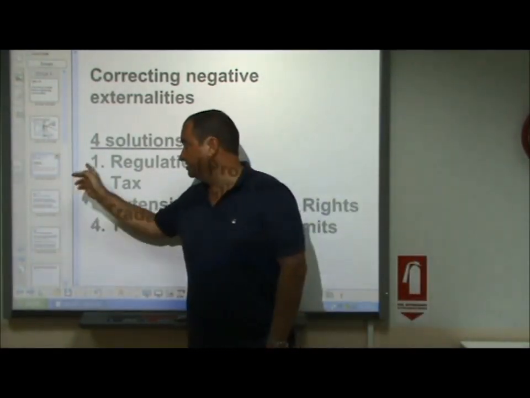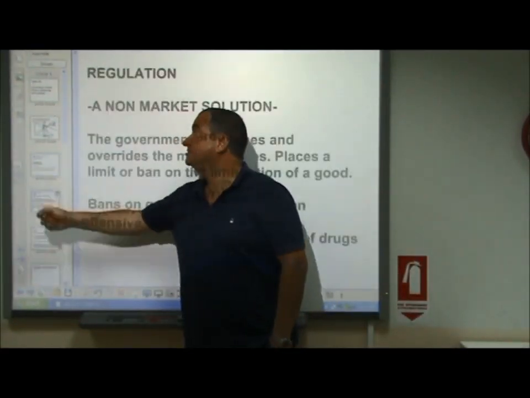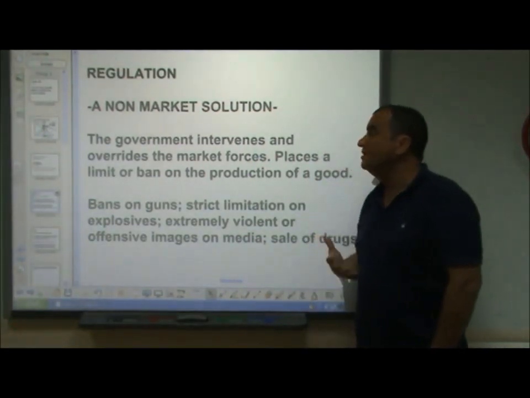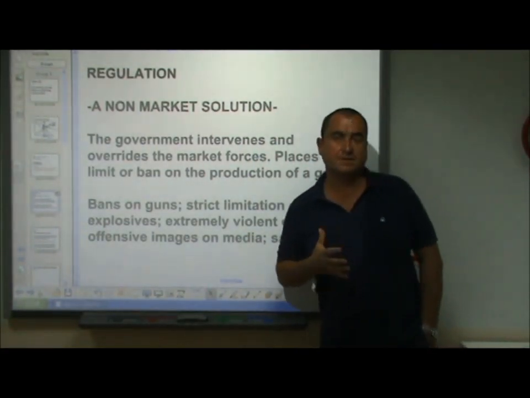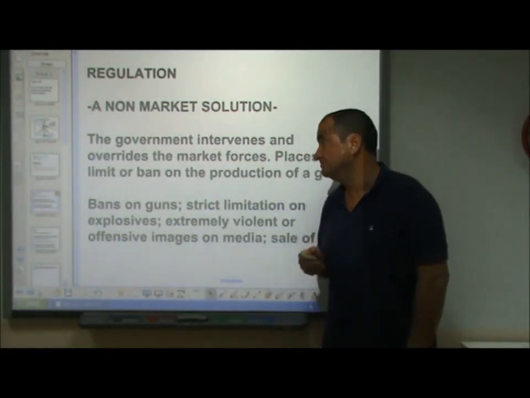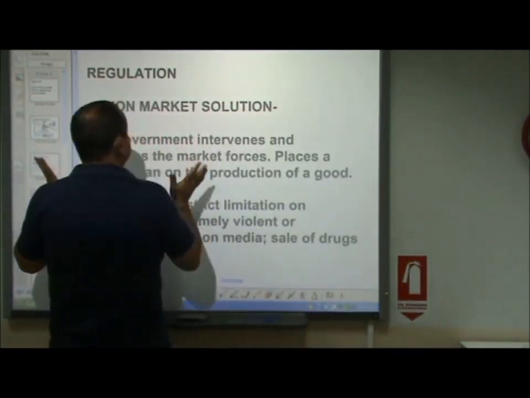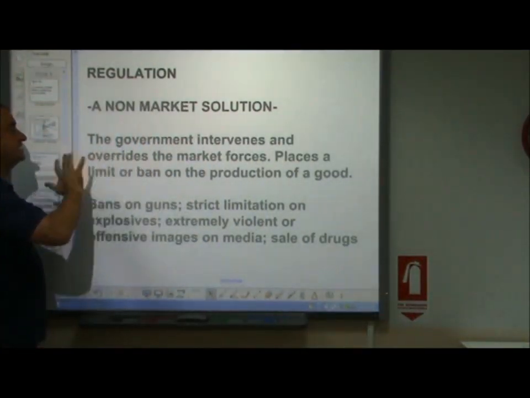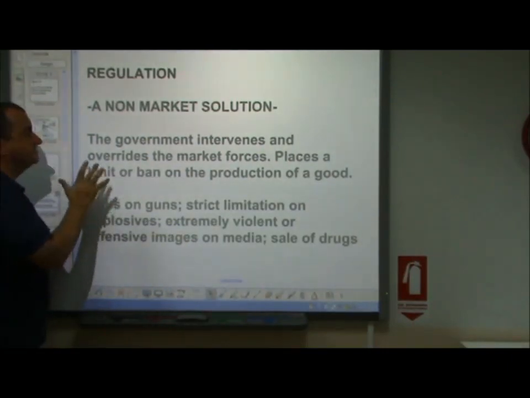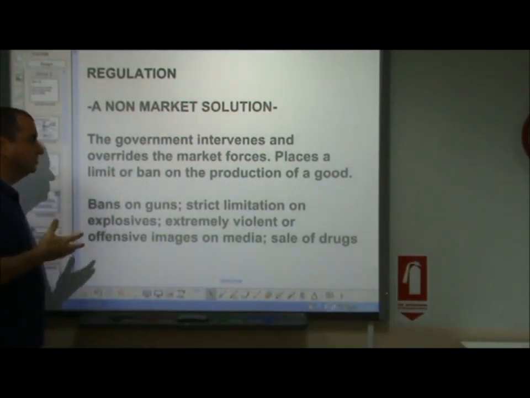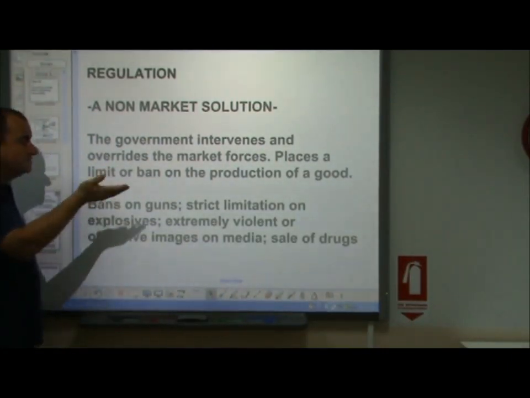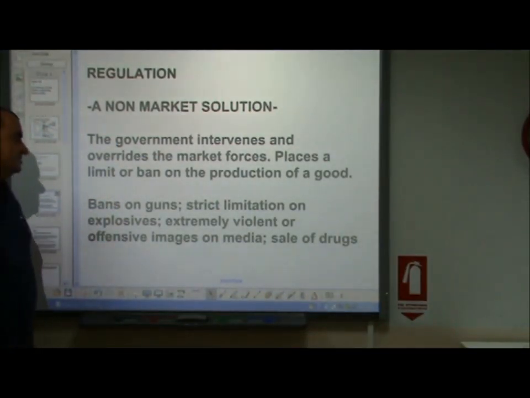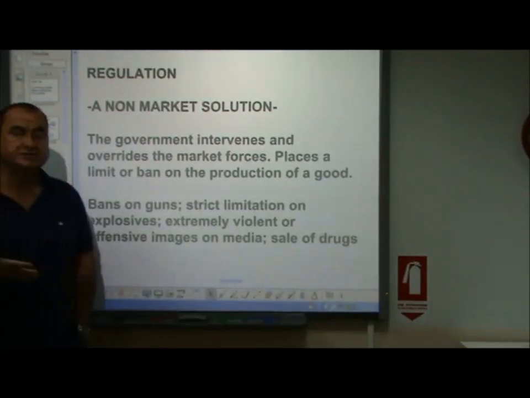Let's turn to regulation. We'll go through these in order, but let's take the first one. Regulation, a non-market solution. It's not based upon market forces. What do we know? The government intervenes and overrides the market forces. It places a limit or a ban on the production of a good. Bans on guns, strict limitation on explosives, extremely violent or offensive images in the media, sale of drugs.